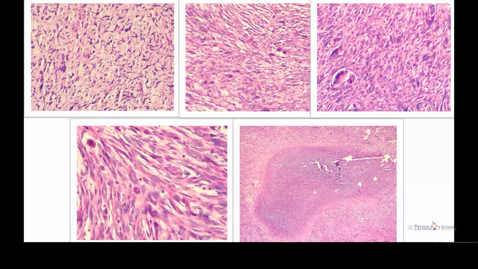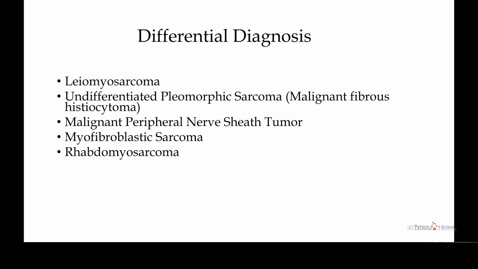So we considered that this is a high-grade sarcoma, and we put in the following differentials: leiomyosarcoma, undifferentiated pleomorphic sarcoma, an MPNST, a myofibroblastic sarcoma, and a rhabdomyosarcoma.